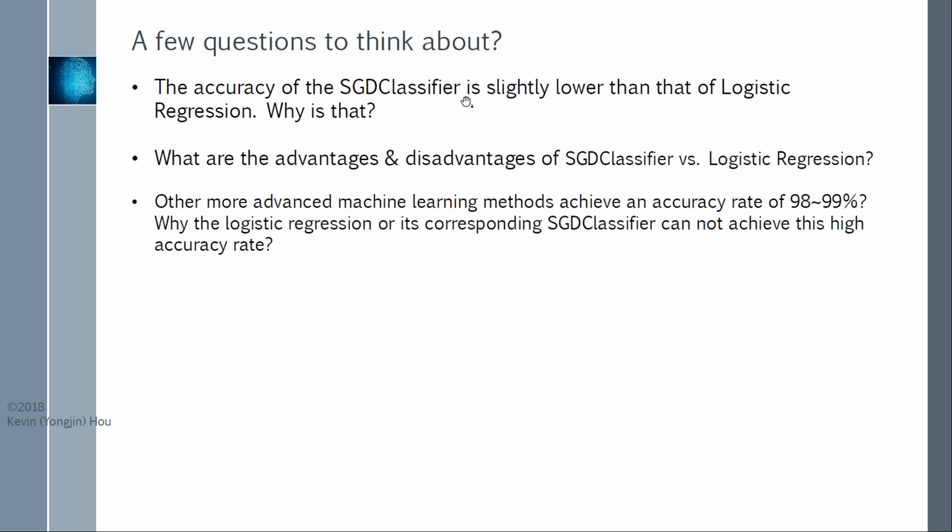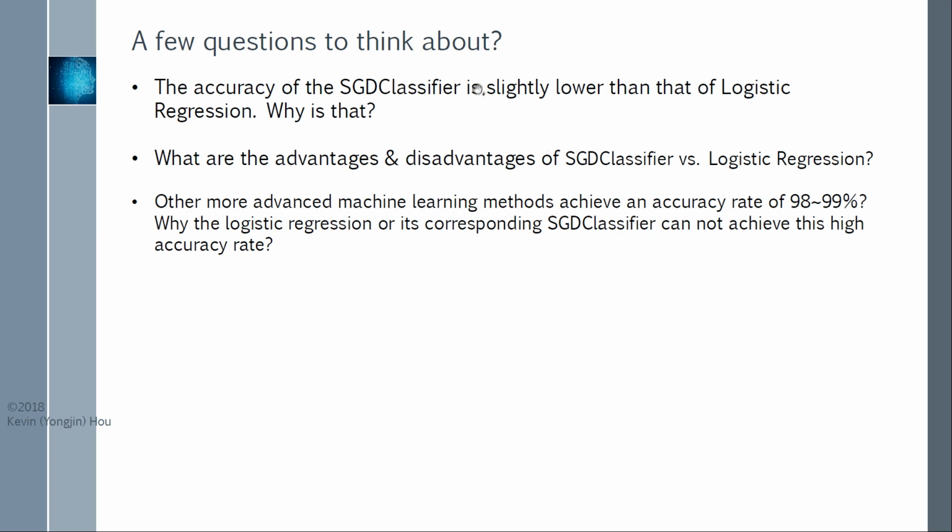So that's why the SGD classifier provides a result slightly worse than the logistic regression approach. Well, the second question is, what are the advantages and disadvantages of the SGD classifier versus the logistic regression?